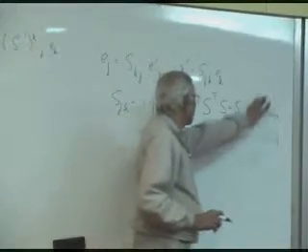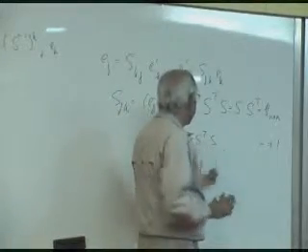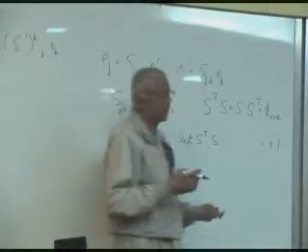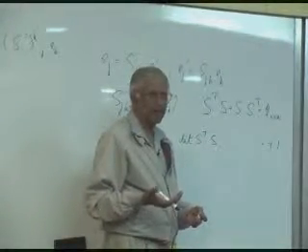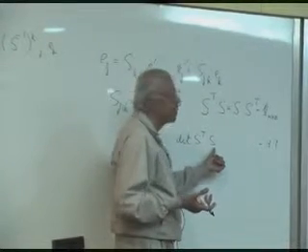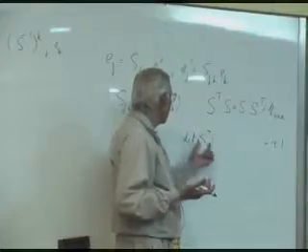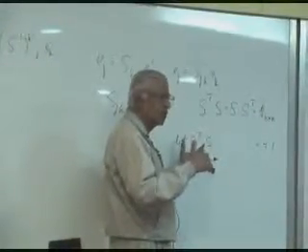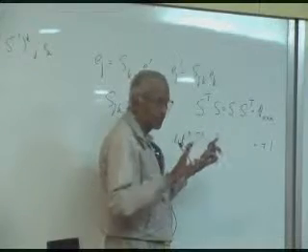But before you look at that, in terms of the properties of determinants, the determinant of a product is the product of the determinants. Correct? So this is equal to the determinant of S transpose times the determinant of S. What do you know about the determinant of a transposed matrix? There is no change.